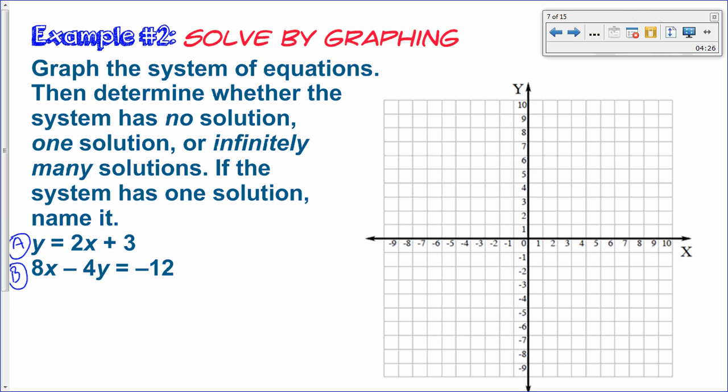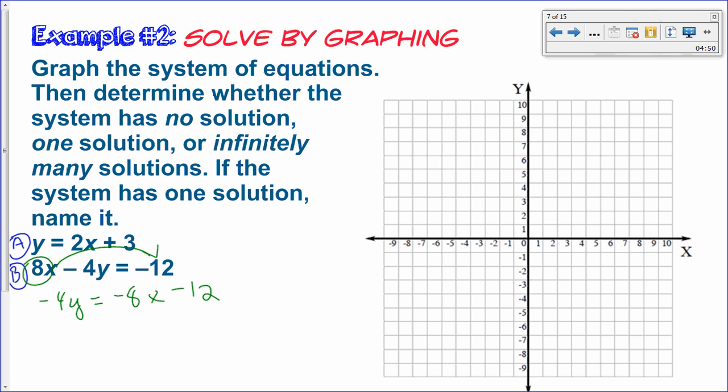Can I graph the second equation? No. So what do I need to do with it first? Change it, right? So how do I change it? You guys walk me through it. Now what?